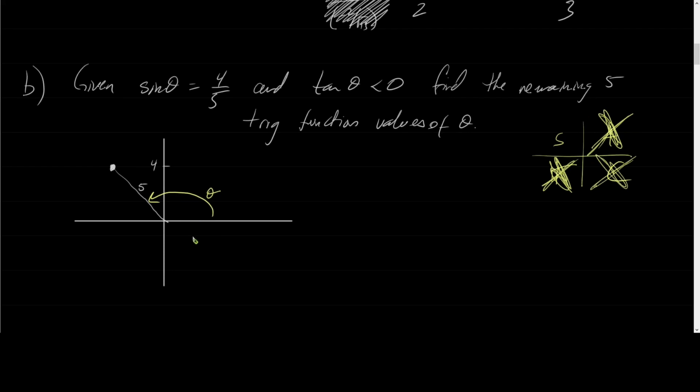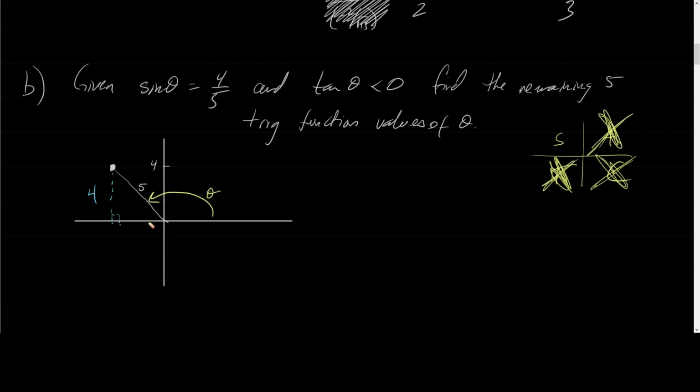Now, the question here is, well, how do we figure out what the x value is here? Well, you can think of this as some sort of triangle here. If we think about this triangle right here, with this value right here being 4, that's the height of 4. Well, that means this height must be 4, right? And at that point, what we've got to figure out is, what is this value over here?